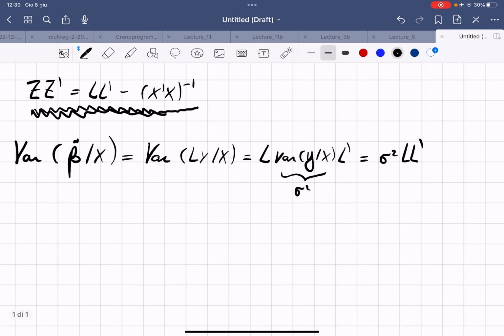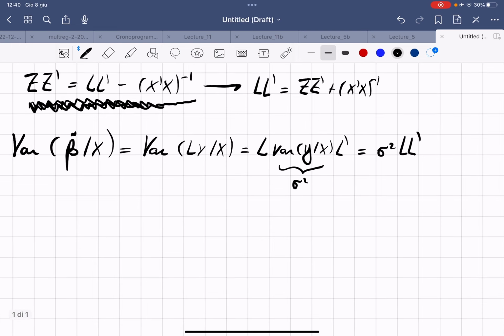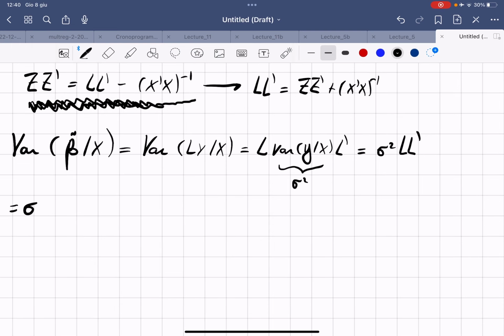What do we notice here? We have this relationship that implies that L L transpose is equal to Z Z transpose plus X transpose X inverse. So we multiply sigma squared times Z Z transpose plus X transpose X inverse.